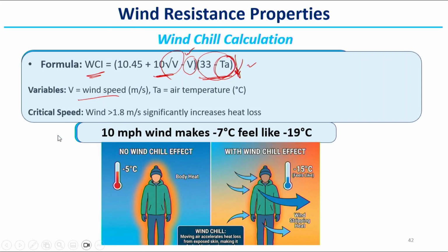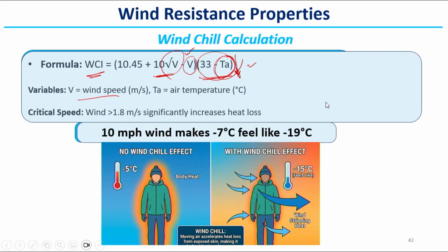So, the critical value of wind is more than 1.8 meters per second. In that case it significantly increases the heat loss.